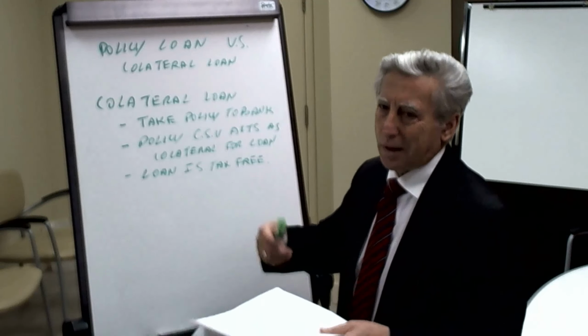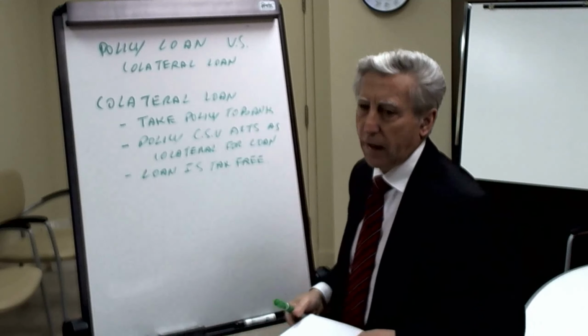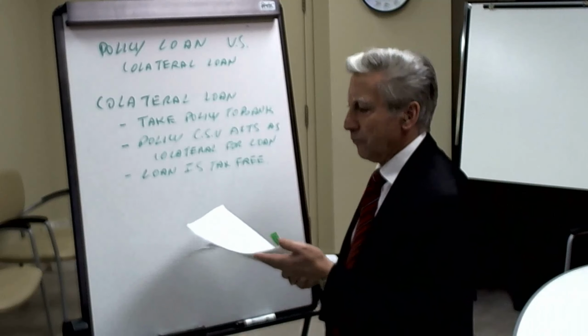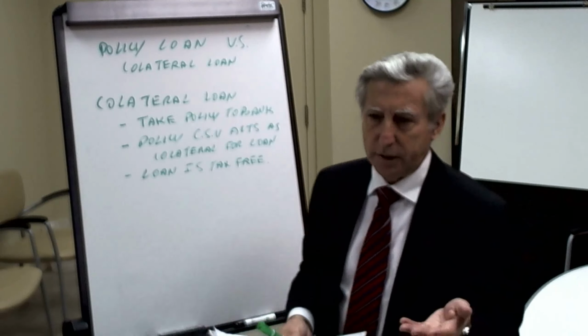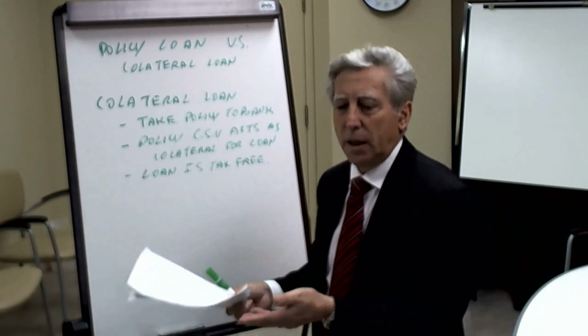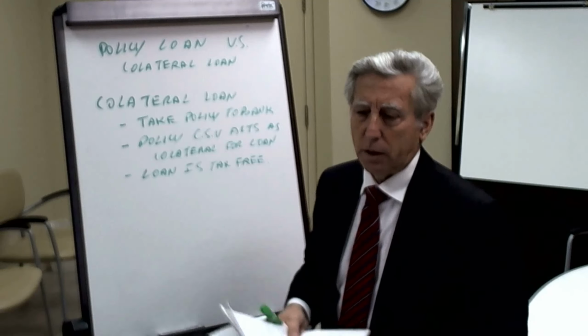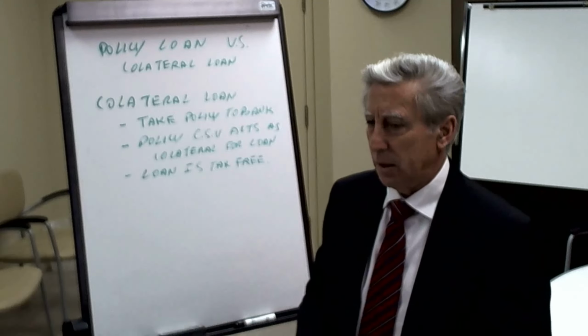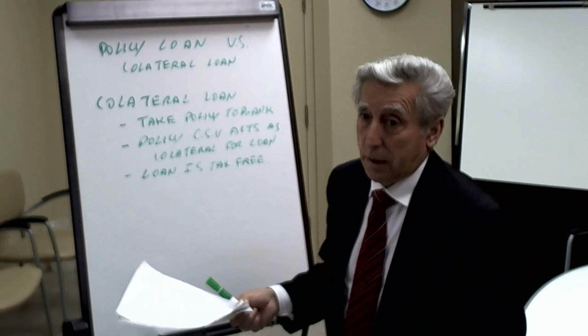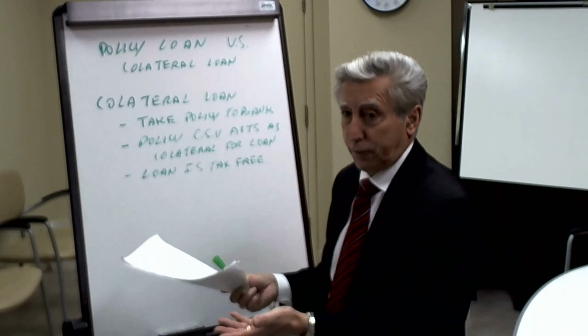The nice thing about doing a collateral loan, of course, is that the loan is in fact tax-free. So the fundamental difference between a policy loan and a collateral loan is that a policy loan may trigger taxation, whereas in a collateral loan you're not actually affecting the policy at all. You basically collateralize the policy and that's it. So the loan is not coming from your policy.